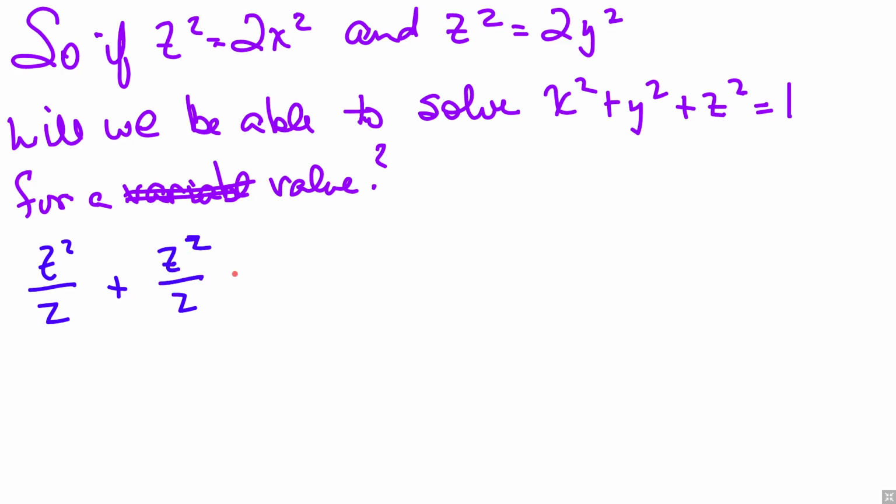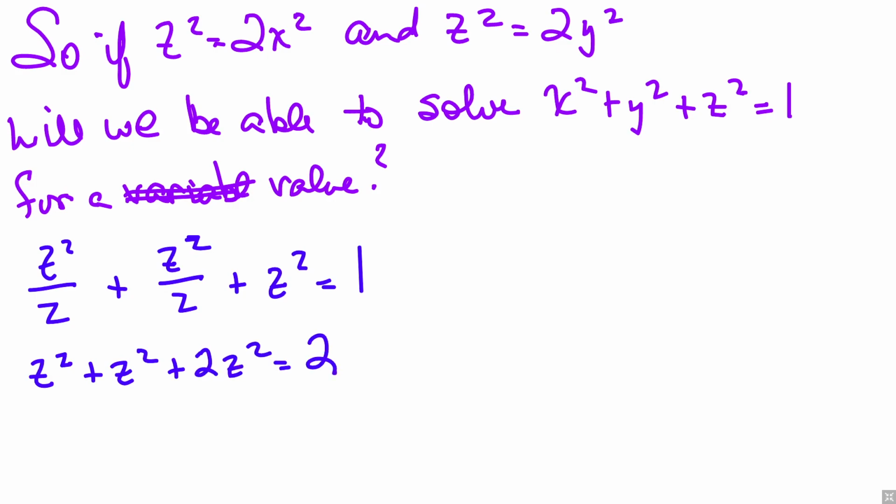Z squared over 2 plus z squared equals 1. Okay, so let's make it easy. I'm going to multiply everything by 2. So I'm going to have z squared plus 2z squared equals 2. Or we're going to have that 4z squared equals 2. So that means that z squared is equal to 1/2. So what's z going to be equal to?